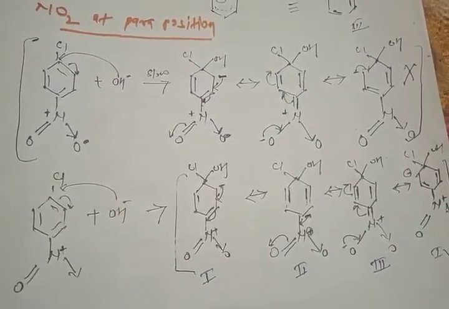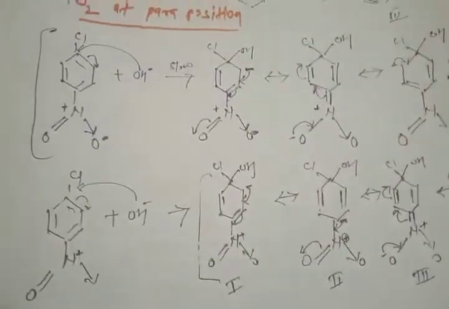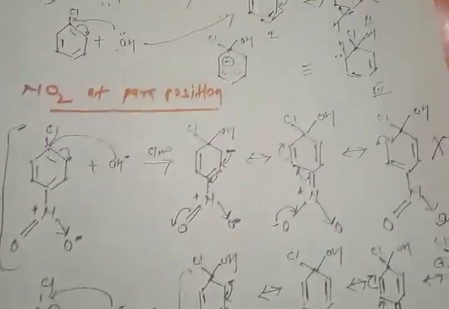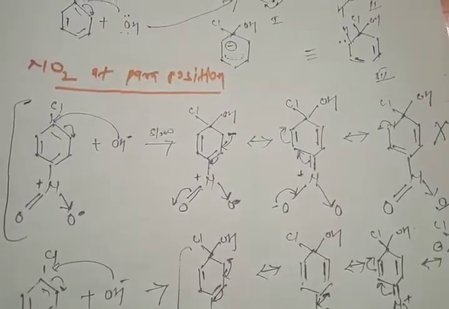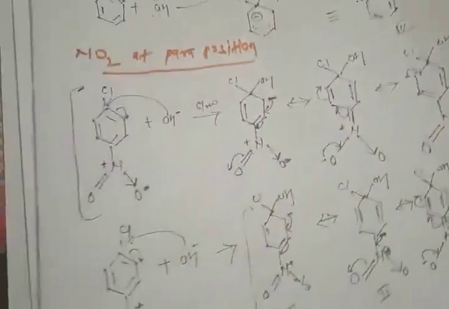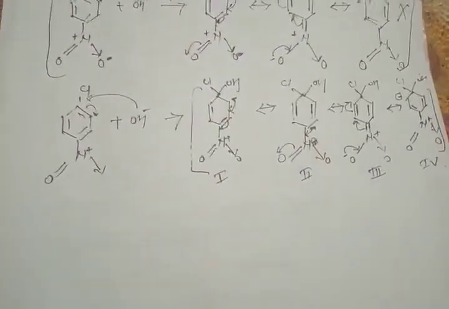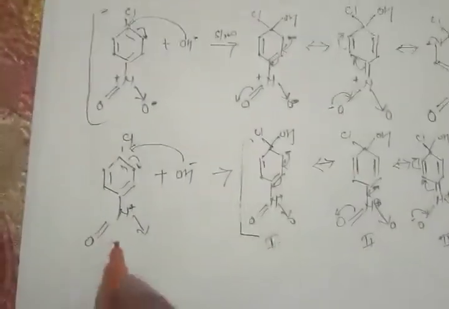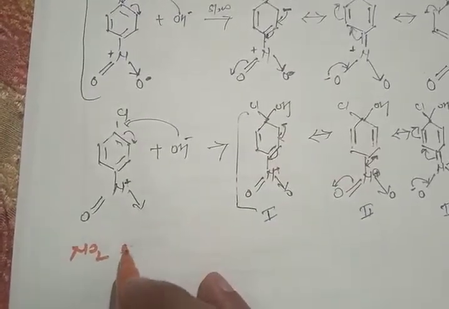Now similarly you can go for the ortho position also. If you draw the structure for the ortho position you will get the same result. Okay, so is there a need to draw the ortho position? Because it will give you the same, that means one additional resonating structure. Okay, but let's talk about the meta position, because we are talking about only ortho and para positions.